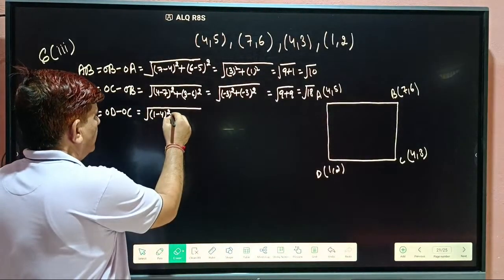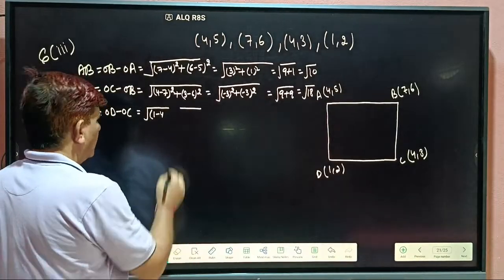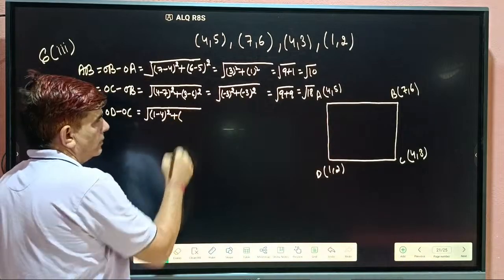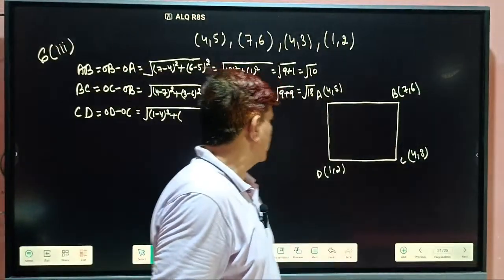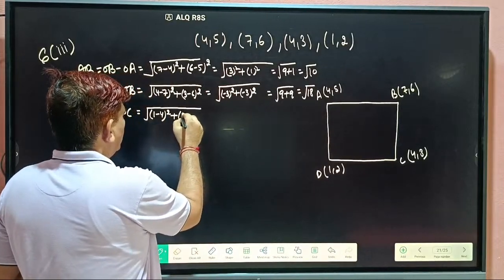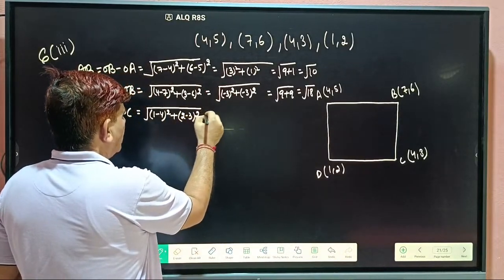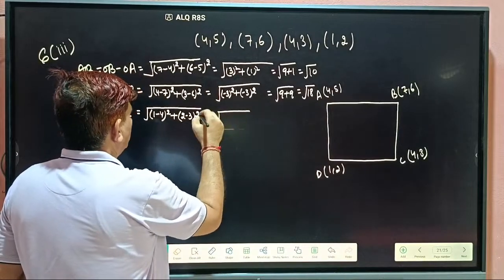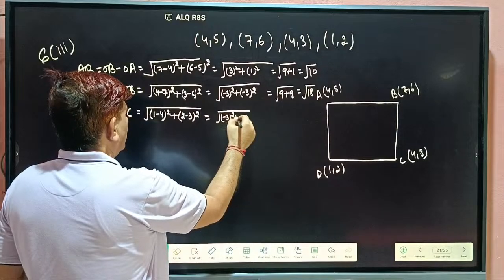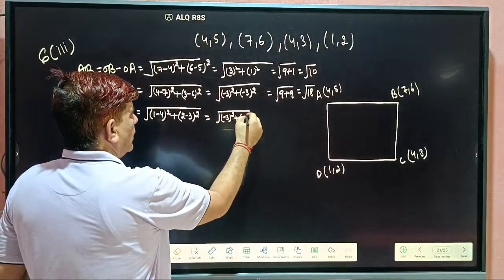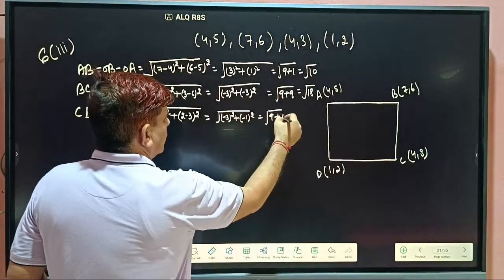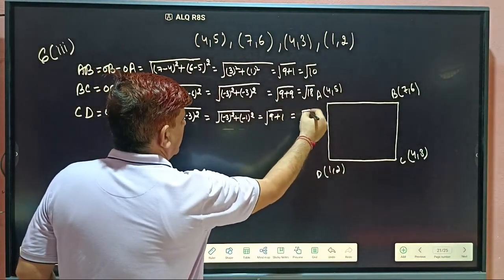Plus 1 minus 4 whole square plus 2 minus 3 whole square, so is equal to what? Minus 3 whole square plus minus 1 whole square, which is equal to 9 plus 1, equal to under the root 10.